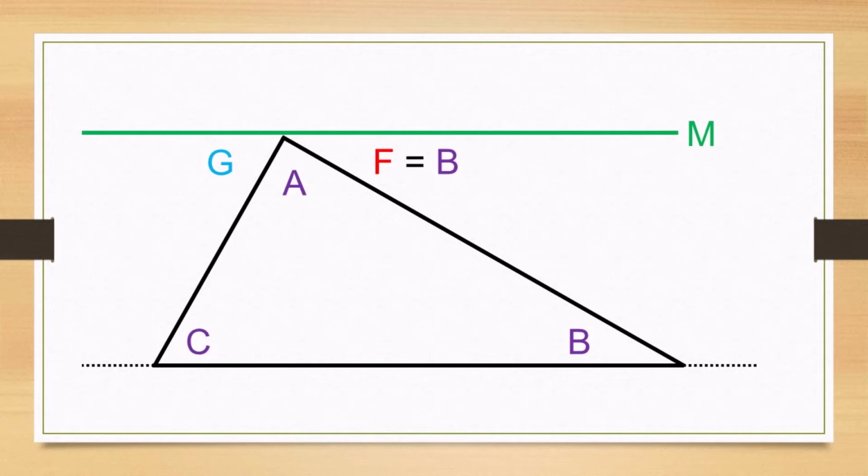Next, let us focus on angle G, shown here in the blue color. Similarly, angle G and angle C are actually equal. This is because both angles are also actually alternate interior angles.